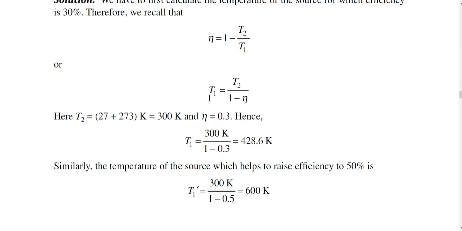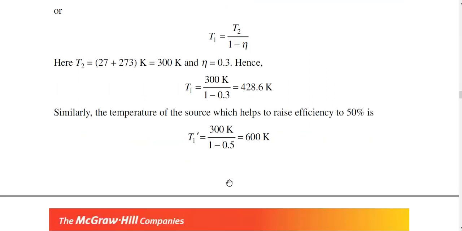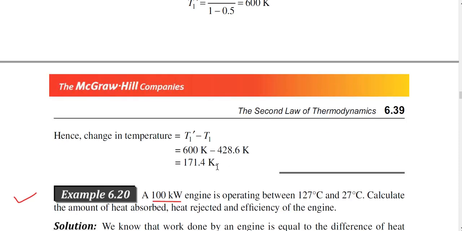The temperature of the sink remains the same, 300 Kelvin, and eta will be 0.5. So T1 prime is equal to 600 Kelvin, and previously it was 428.6 Kelvin. So how much do we have to increase? The difference is 171.4 Kelvin.